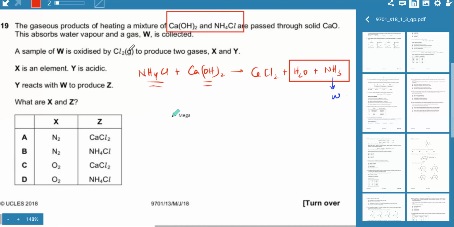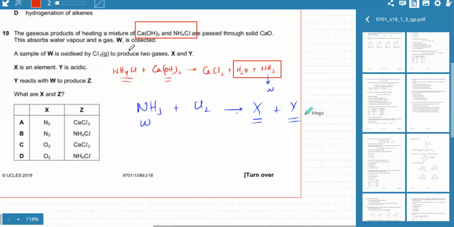So something is happening to NH3, some reaction going on with Cl2, and they end up producing two gases, X and Y.